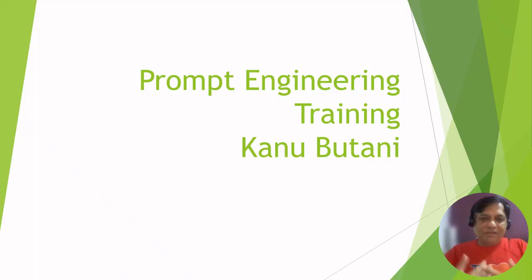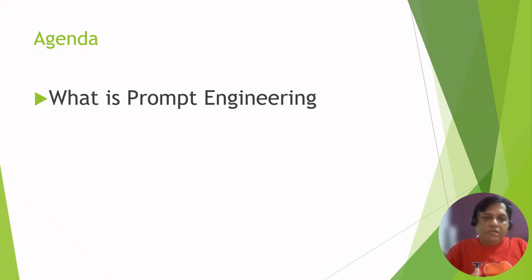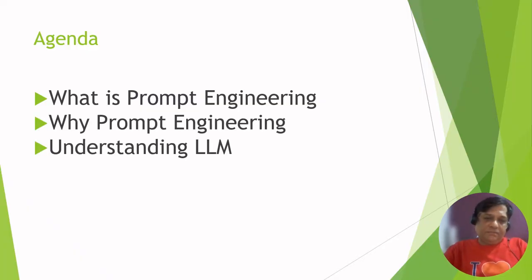Whenever we want to begin any topic, it is a management concept that if you know the four W's and one H of that topic, then you know almost everything of that topic. So same thing we will do today. In prompt engineering, we will see what is prompt engineering and why prompt engineering is there.